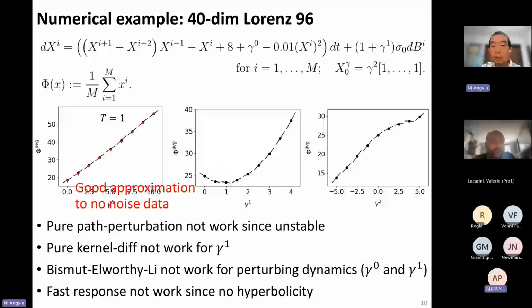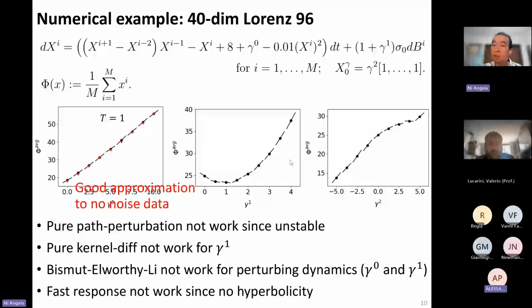So let me explain these plots. These are the average observable functions with respect to drop at 3 different parameters, and these black dots are the average observables at this particular parameter, and these short lines are the derivatives computed using the path kernel method. You can see that if you want to do optimization, then what you really want is for this short line to reflect the trend of this curve, right?